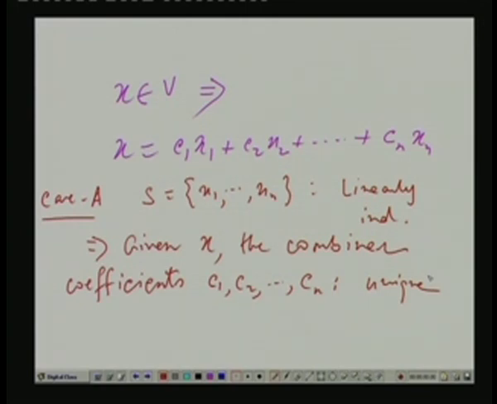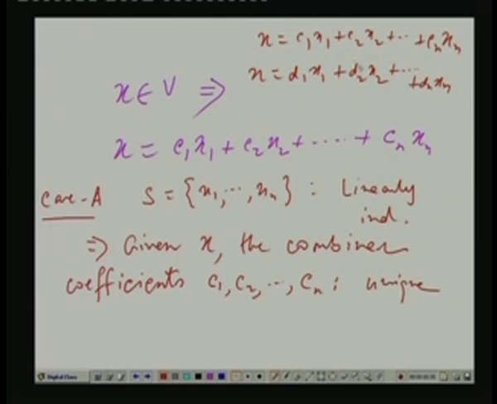How do you say so? Suppose it is not. So I should get x equal to C1 x1 plus C2 x2 plus dot dot dot plus Cn xn, and also suppose the same x can be expressed as d1 x1 plus d2 x2 plus dot dot dot plus dn xn, where d1 to dn are not all the same as C1 to Cn; at least in one coefficient they should differ.